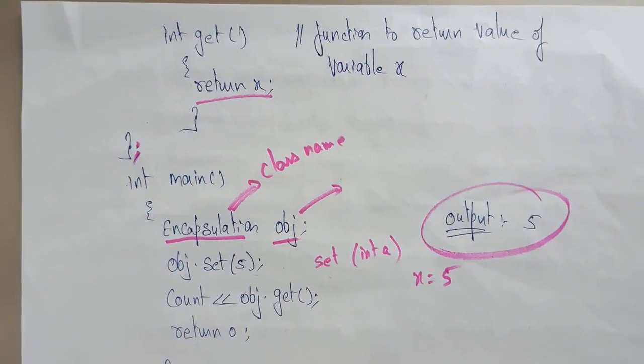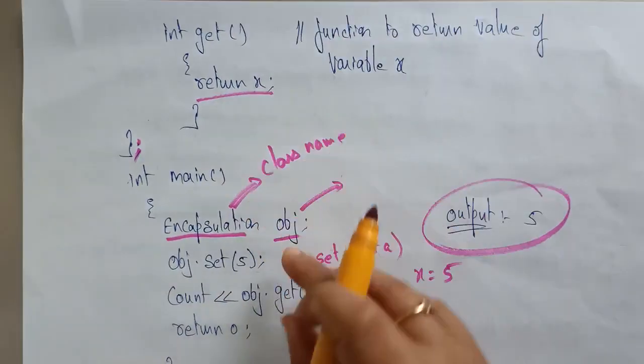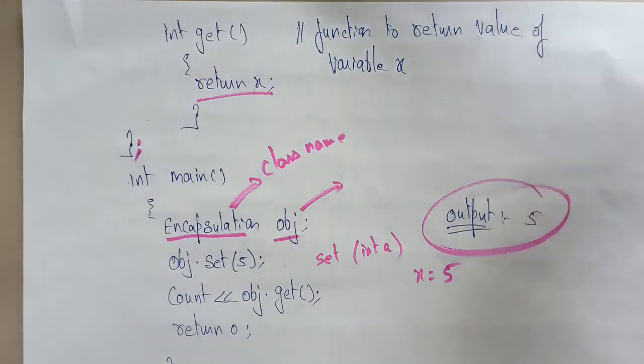If you want to access your encapsulated data, just create an object. With the help of the object, you can access the data which is present in the class.